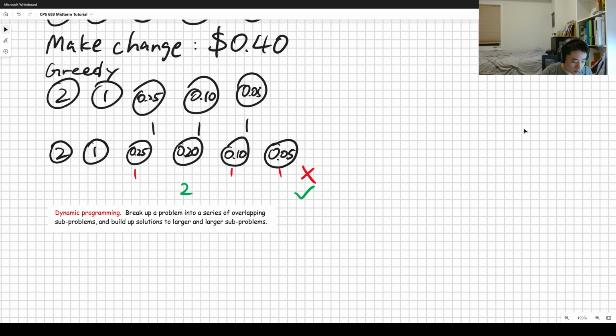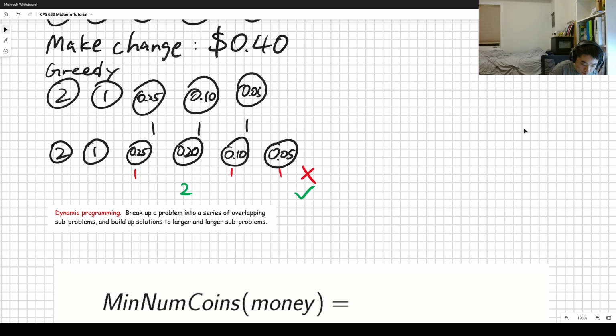For example, in our case, here's how we can make the correct change: we take a look at each amount.